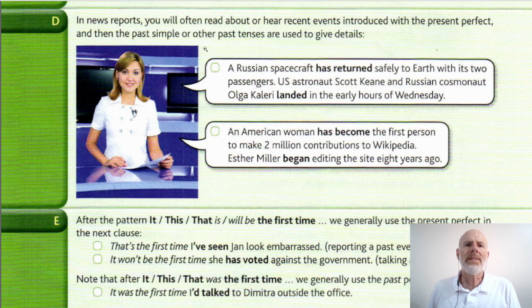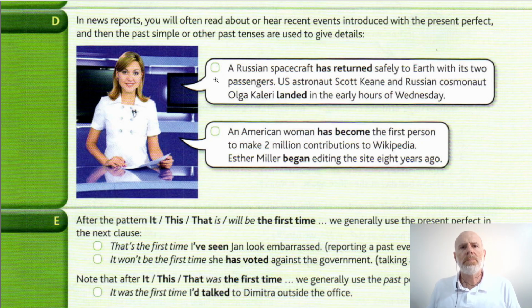And then the past simple or other past tenses are used to give details. Not only do we use this in news reports, but also when we start a conversation or start a topic with someone, all right?